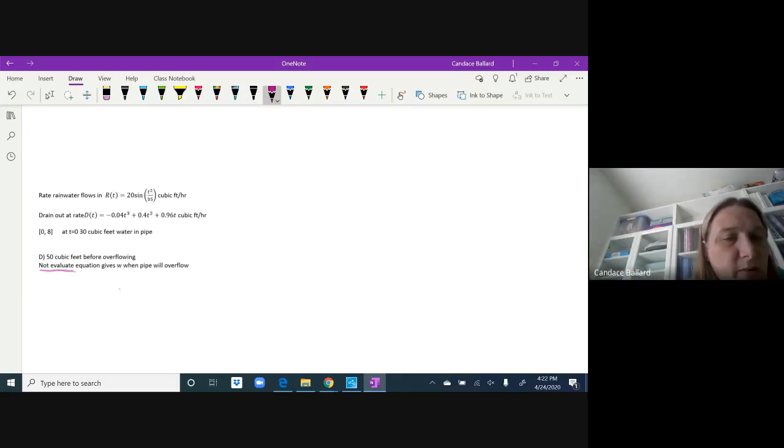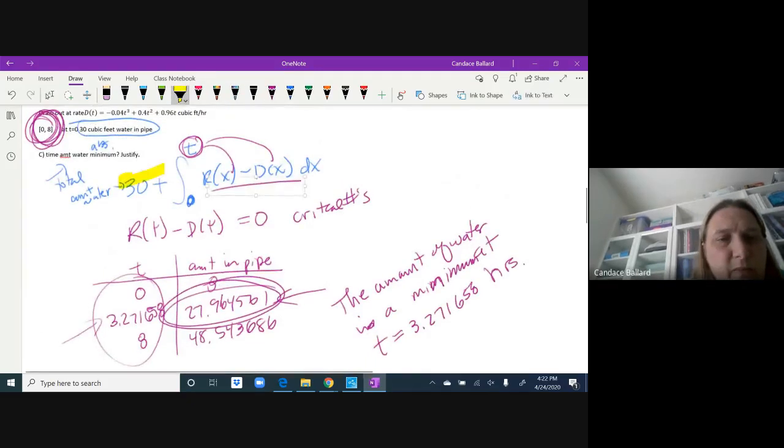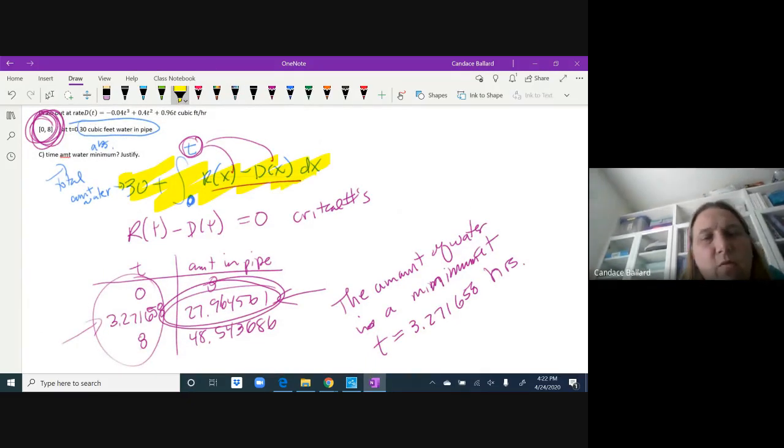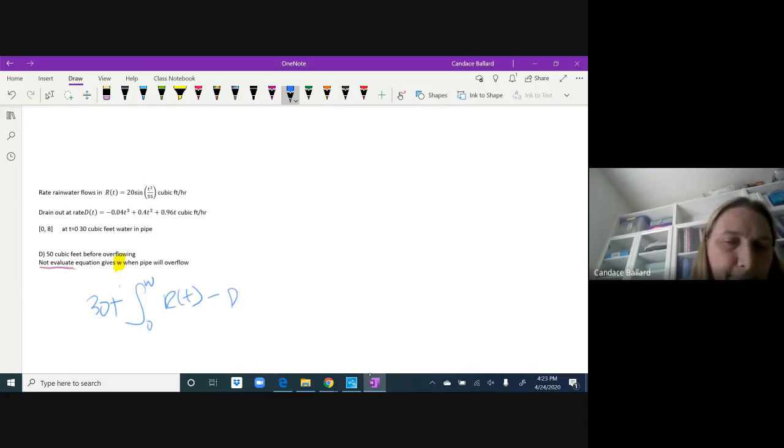Well, here's something really awesome. We already know, we came up with this equation up here that tells us the total amount of water in the pipe. We're going to reuse that equation, okay? And instead of integrating till the time, they gave us something here. The time is going to be W. So we're going to say the 30 plus the integral from 0 to W, and I'm going to put the t's back in, so R of t minus D of t dt.